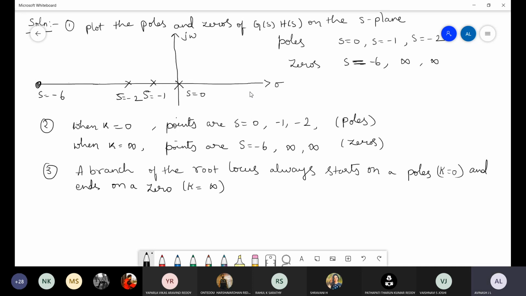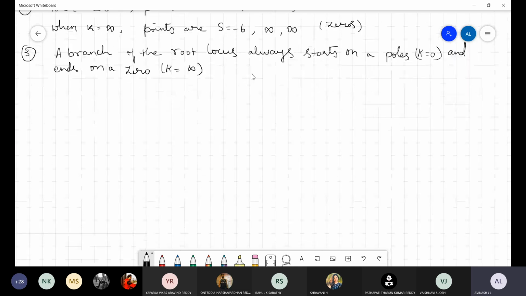So these are the things you need to write down. A branch of root locus always starts on a pole, that is k equal to 0, and ends on a 0, that is k equal to infinity. So these 3 steps are mandatory.